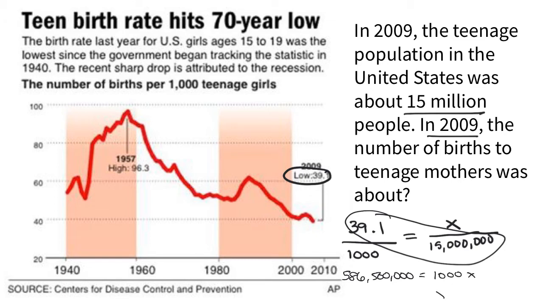So now I'm going to divide each side by 1,000 in order to get my total number. And my total number is 586,500 individuals. So that means that out of the 15 million people or teenagers in the United States, 586,500 were teenage mothers in 2009.